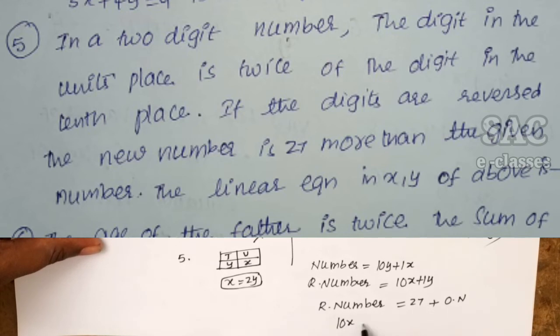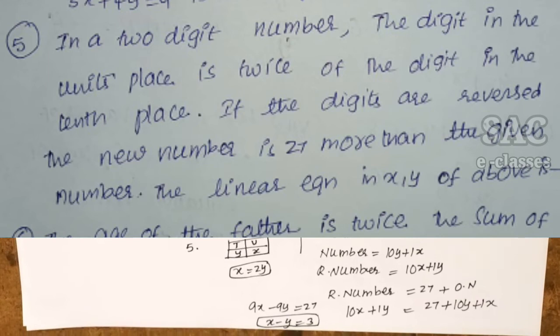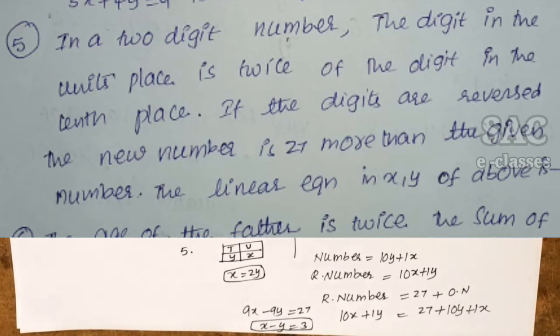So 10x plus 1y is equal to 27 plus the original number 10y plus 1x. Let us write in a linear equation form: 9x minus 9y is equal to 27, x minus y equal to 3 will be the linear equation which is representing the above situation. Let's move to the next problem.